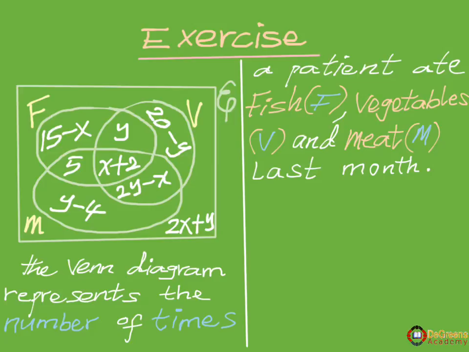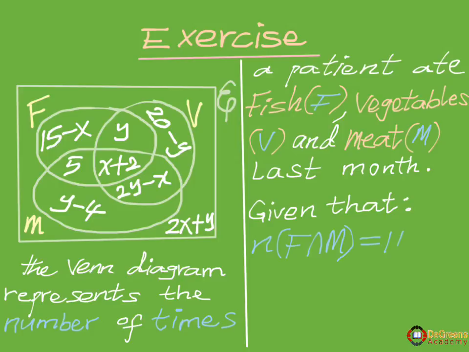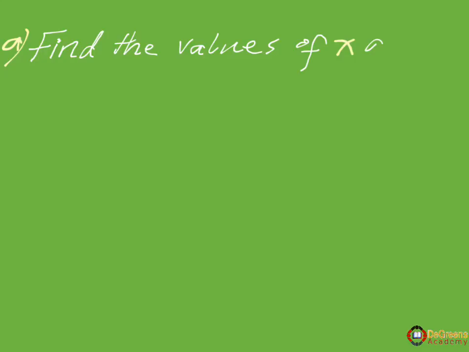So F simply stands for fish, V for vegetables, M for meat. Given that the cardinal number of F intersection M is equal to 11, and the cardinal number of F union V union M complement is 15, A, find the values of X and Y.